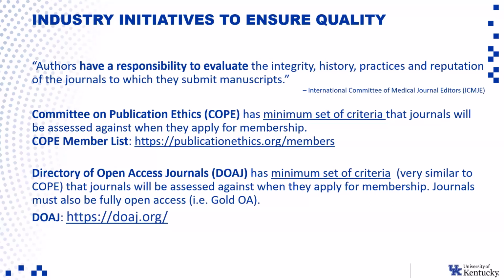Journals can be removed from the directory if they cease publishing, are no longer adhering to the best practices, have not published enough articles in a calendar year, or for suspected editorial misconduct. You can search the DOAJ to see if your journal or publisher is in the directory. These are some good sites for you to look at to make sure that you have a reputable journal.